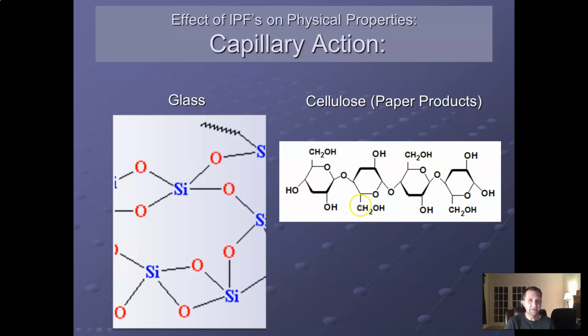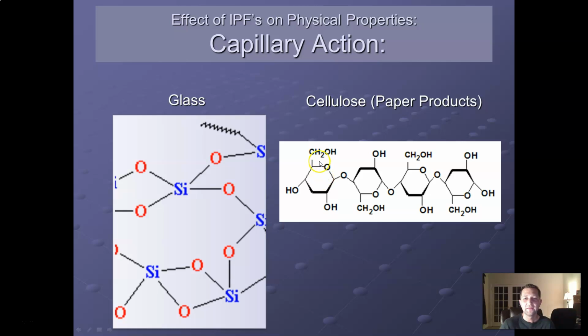This is what I wanted to mention a few slides ago when I was talking about the paper and how the water spread out on the paper very easily and rubbing alcohol didn't. If you look at paper, you have cellulose, which is this. In paper products, you have a lot of OH groups, a lot of good polarity there, with oxygen and hydrogen, and a little bit of potential hydrogen bonding, depending on what else is around.